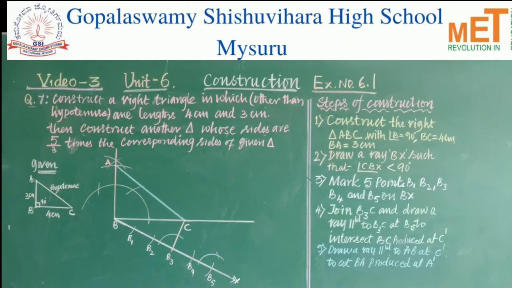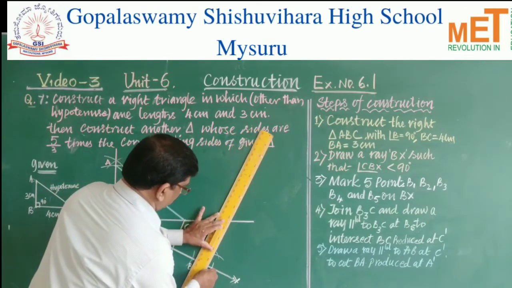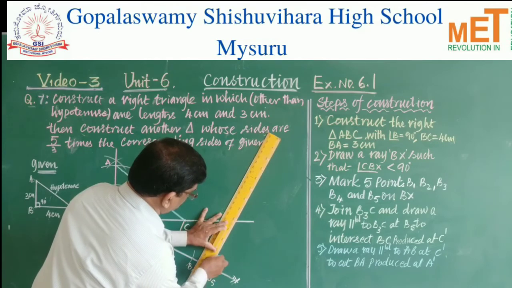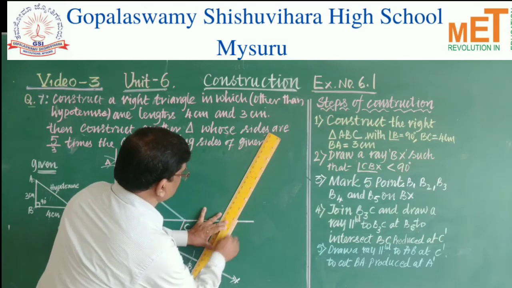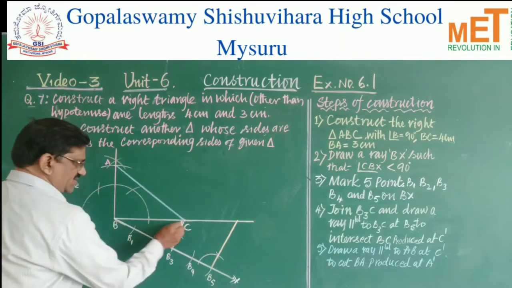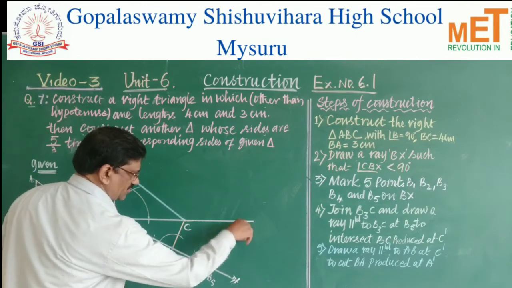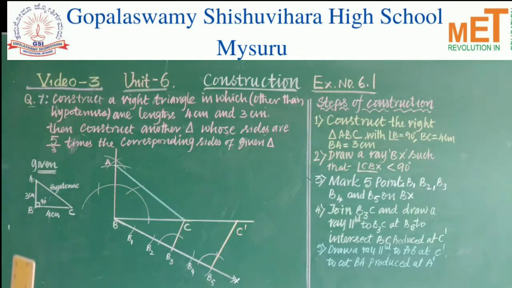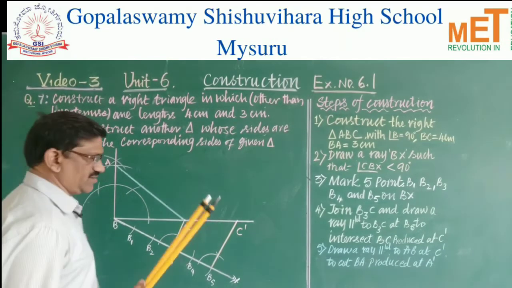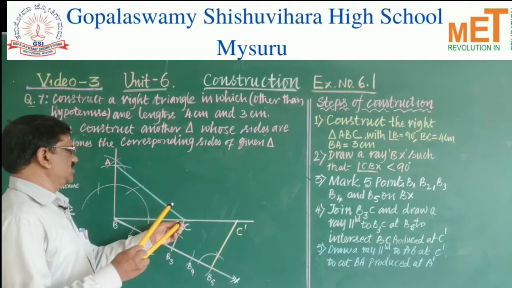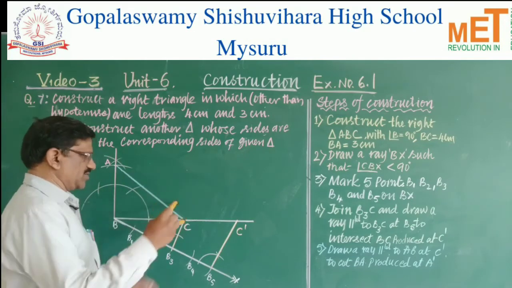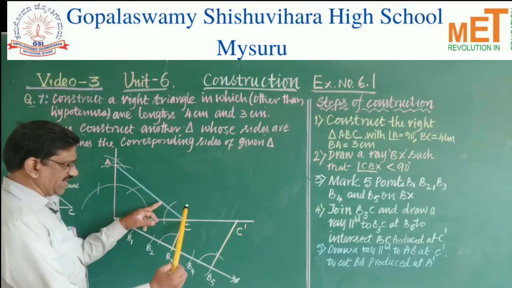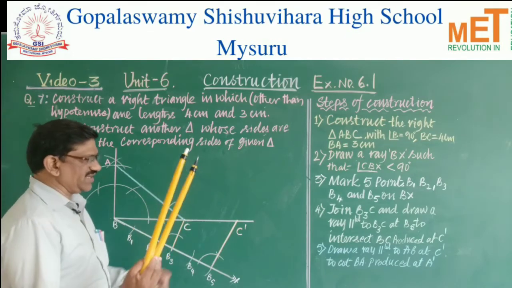Okay. Now I am going to join B5 and the point of intersection with this. Where it cuts the line BC produced, that is C dash. Now children, with a convenient radius in the compass, consider C as a center, draw an arc to cut these two lines, with the same radius.